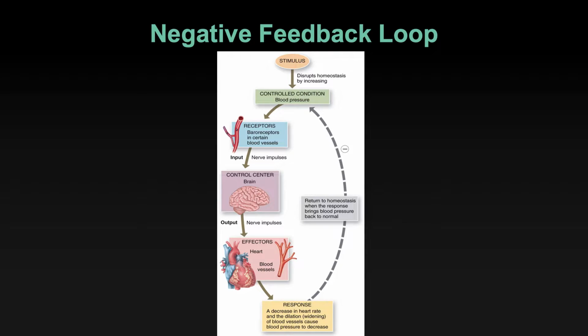It responds in opposition to a signal. A negative feedback loop. So the thing that's being measured, the stimulus, is blood pressure. Blood pressure is the subject of our negative feedback loop.